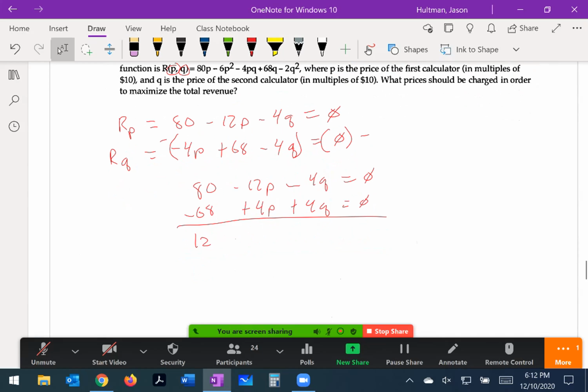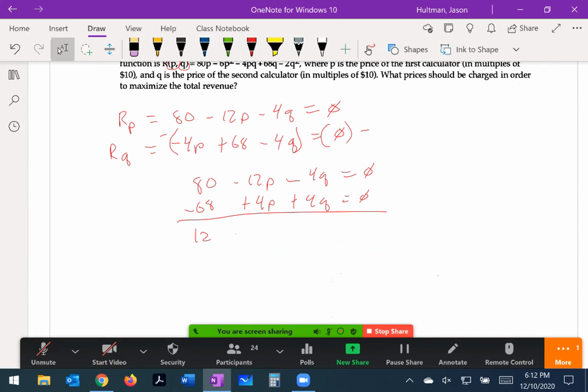Yeah, looks good. Okay, so 12 minus 8P is equal to 0. Oh, okay, yeah, I get it now. So I'm going to subtract 12, right? And we get negative 8P is equal to negative 12.